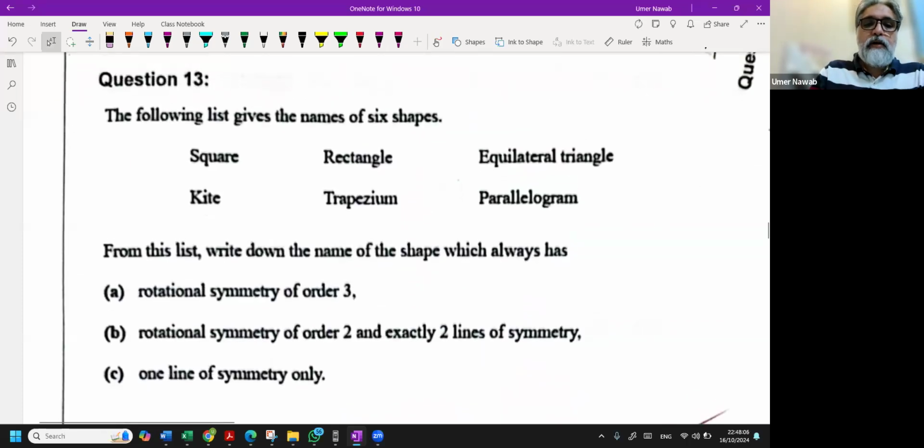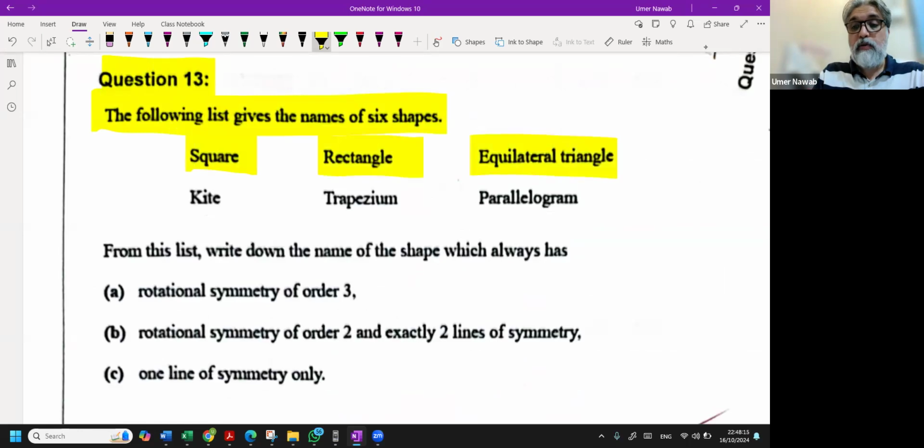In question number 13, he gives you the list of 6 shapes: square, rectangle, equilateral triangle, kite, trapezium, and parallelogram. Square, you already know, it has 4 lines of symmetries, 4 order of rotation.